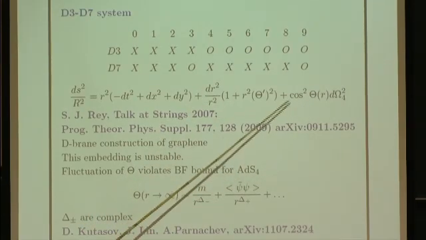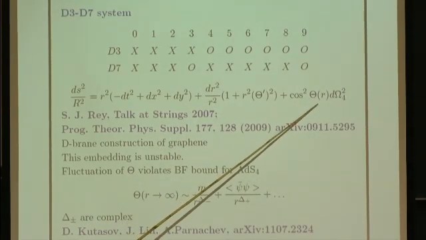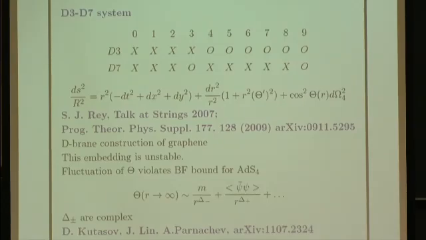This is a solution when the cycle is maximal, in a sense. The 4-cycle is maximal, so theta is equal to 0, a constant. And so that's nice, AdS4 cross S4, a nice geometry where you can do all sorts of things. And so he used this to suggest a D-brane construction of graphene and had worked out a bunch of results.